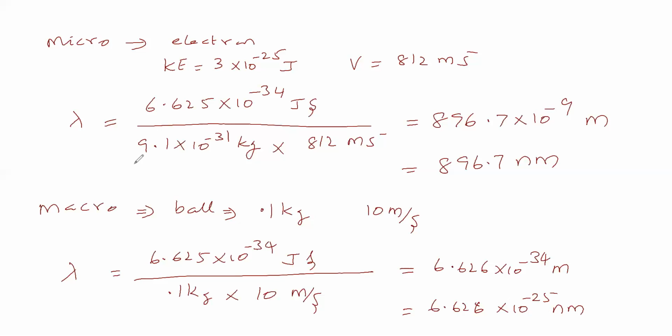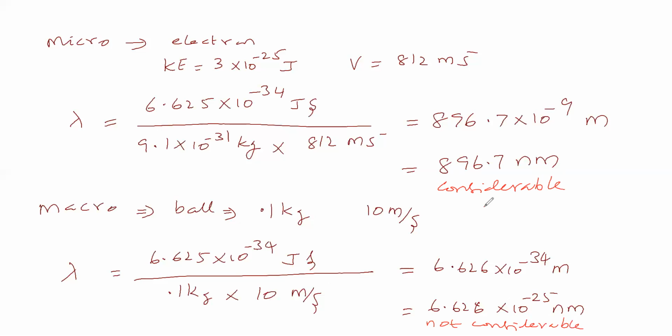This wavelength is 896, and this wavelength is 10 power minus 25. So we can say that this is considerable and this is not considerable.